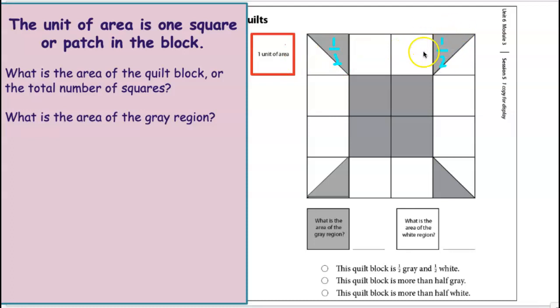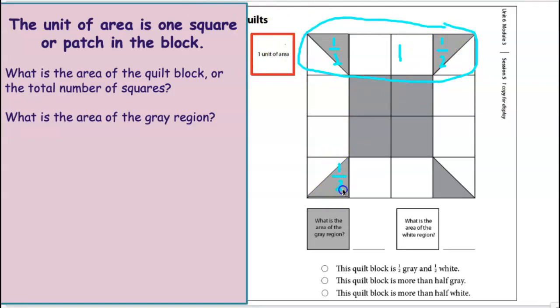So now when I have two halves like this, I know that I can move my triangles together to make one whole unit. So these two halves together, they're just going to be one whole unit. I'm just going to put a 1 right here to know that this is one whole unit. And now I'm going to have the same thing down here.